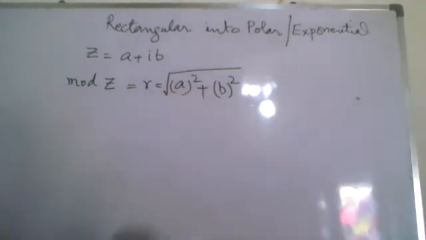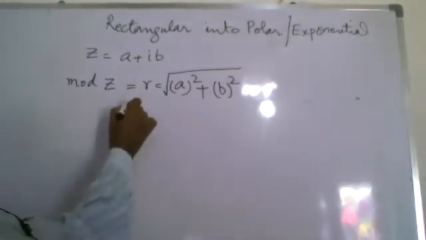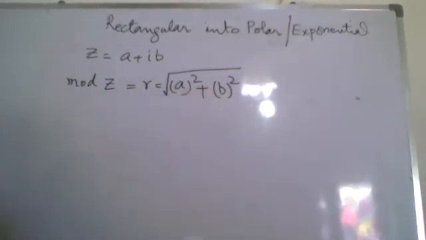The square of a negative number is always positive, and the square of a positive number is always positive. So r will become the square root of a square plus b square, not iota square. In this way we will find r and get some number.